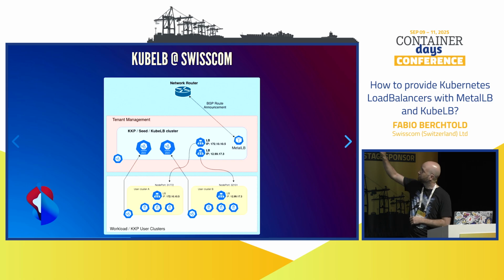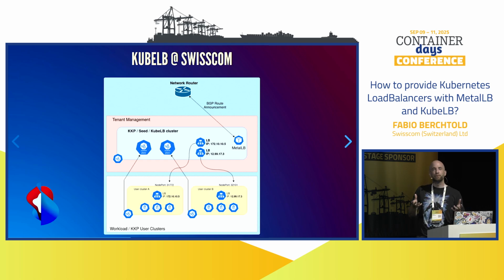So you see we have our network, we have MetalLB in this tenant management cluster. There's some load balancers created. MetalLB will announce the IPs. And there's actually an envoy deployment there, which routes the traffic to a specific node port that the CCM in the user cluster set up. And the IP then gets written there, or put as the external IP, to the service in the user cluster.